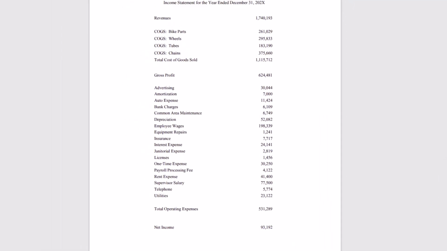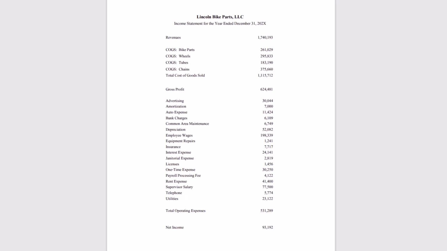Now, you can also come to these same figures using a top-down approach, and I encourage you to attempt this calculation on your own time to further solidify this concept. To do that, simply reference the formula on the previous slide, and if you have any questions, go ahead and leave a comment below and we'll open it up for discussion. In the next video, we'll discuss common-sized income statements.